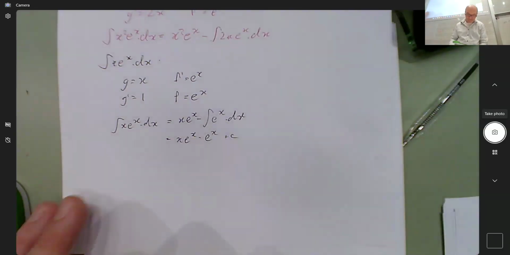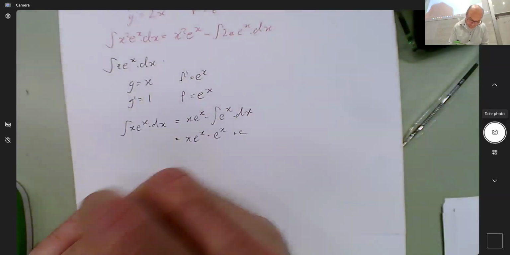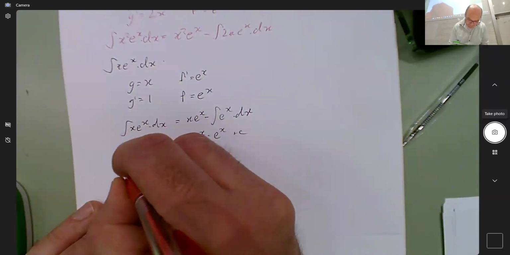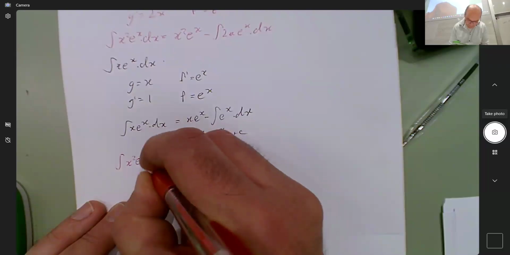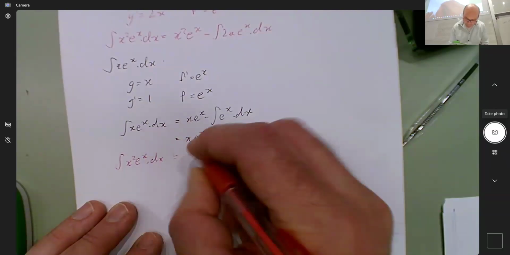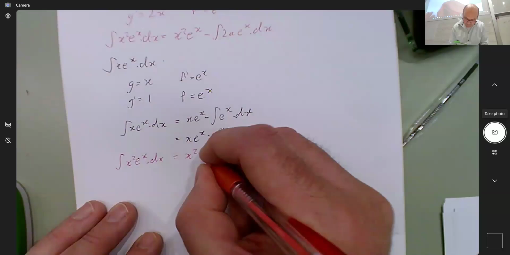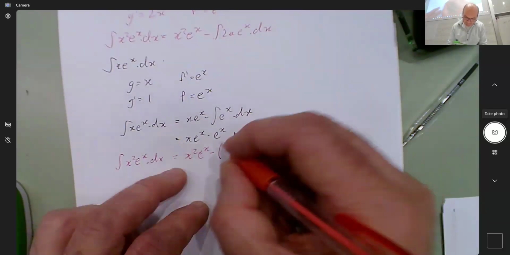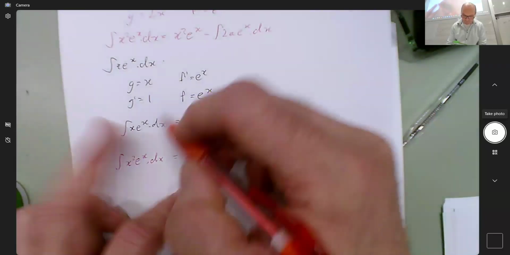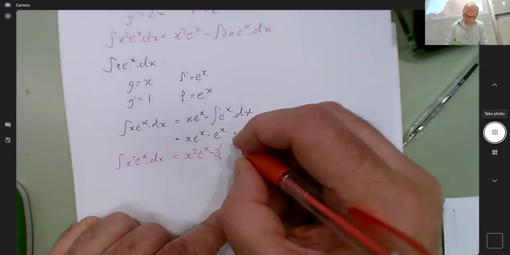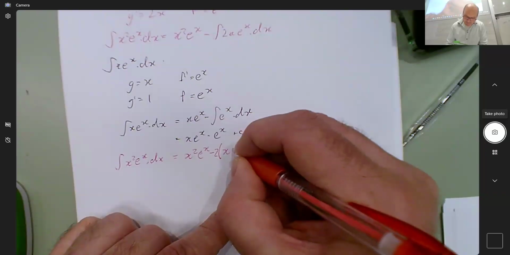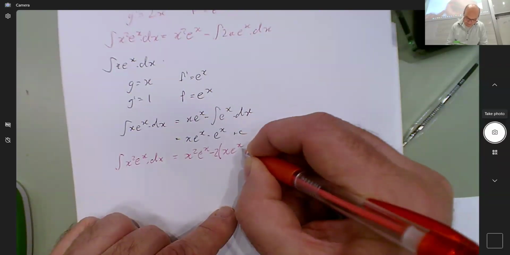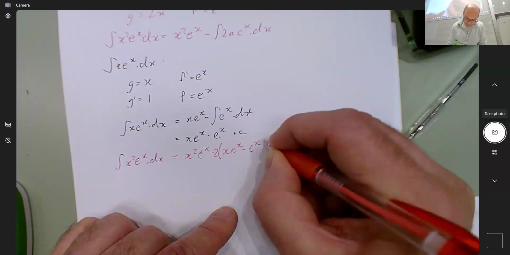Well, with this particular piece in mind, I can now say that my integral of x squared e to the x with respect to x is equal to x squared e to the x minus this thing, except there's got to be a 2, because I ignored the 2 as it was making my life difficult. So 2 times x e to the x minus e to the x.